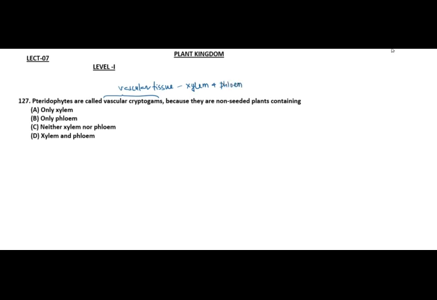So the pteridophytes are the vascular cryptogams who have xylem and phloem. So only xylem, no. Only phloem, no. Neither xylem nor phloem, no. So that is xylem and phloem. Both they have. So option D is the right answer.